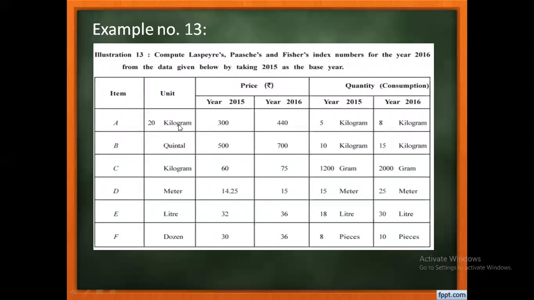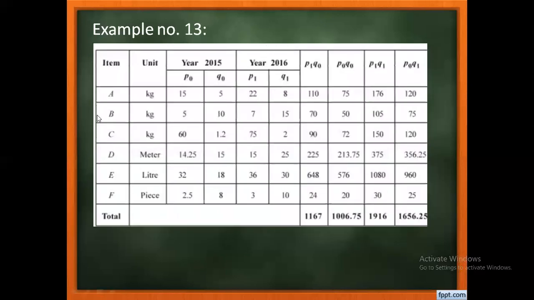So for 1 kg, it would be how much? 300 divided by 20, so P0 is 15. Similarly, 440 divided by 20, so the 1 kg price is 22, right? P0 is 15, P1 is 22.